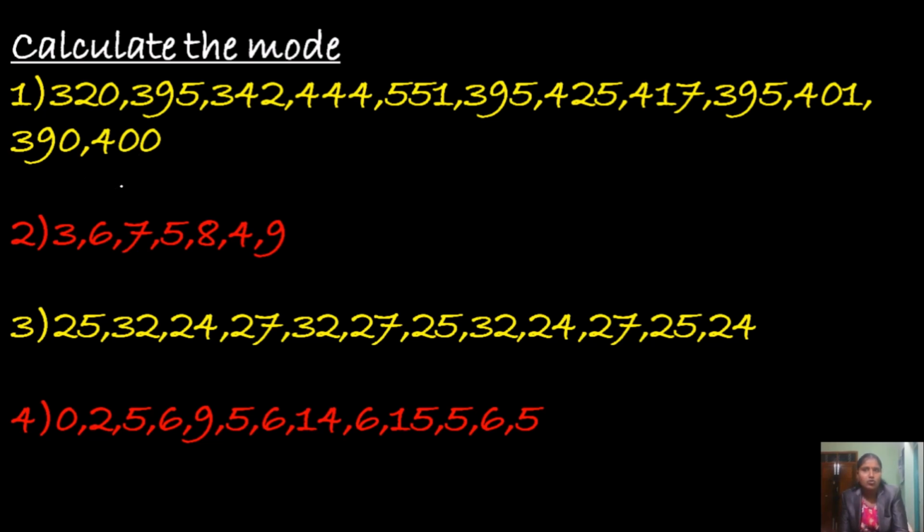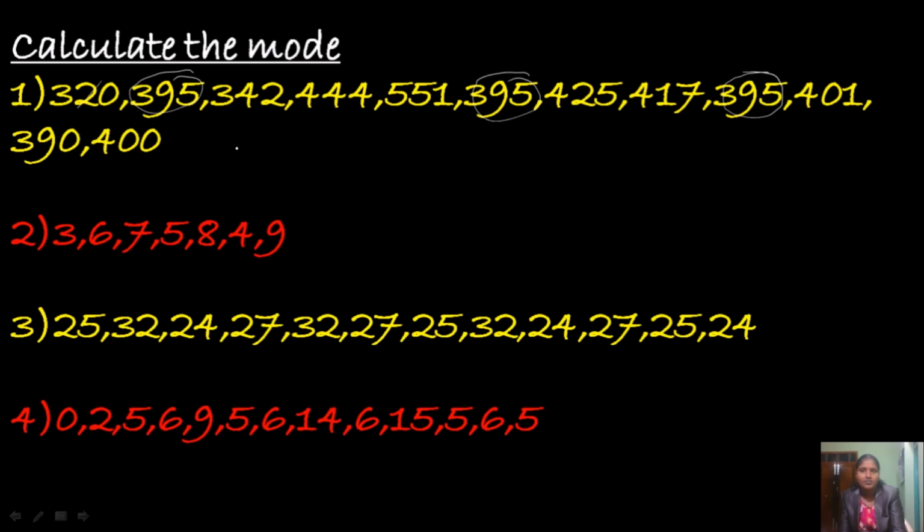Let's now count how many times each value is repeated. 320 occurs only one time. 395 repeats 3 times: 1, 2, 3.